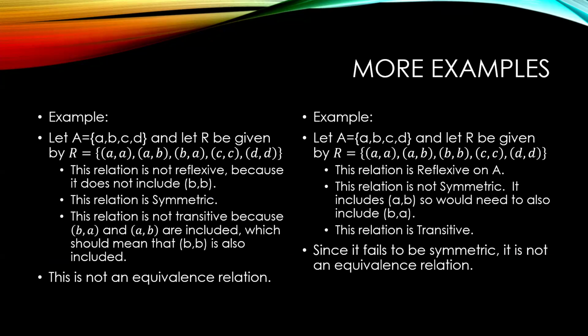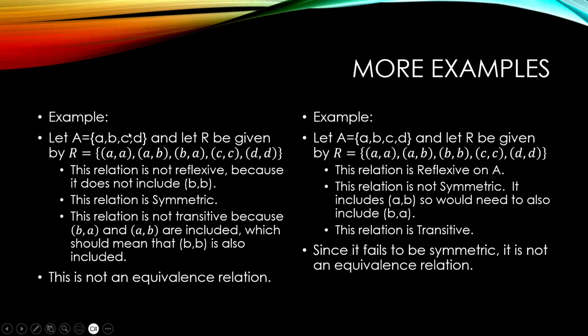Here's a couple more examples, which will hopefully help illuminate this. Same idea, A is equal to {a, b, c, d}, but now we're going to say R is equal to (a,a), (a,b), (b,a), (c,c), and (d,d). In this case, it is not reflexive because we do not have (b,b). For this to be an equivalence relation, we would need to have (b,b) included in here.